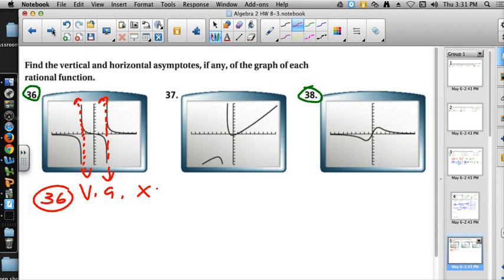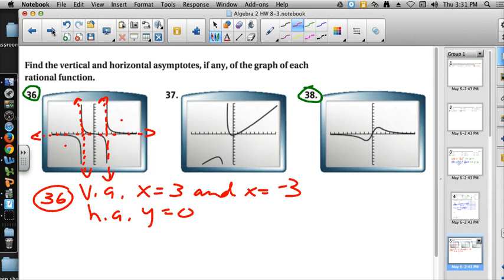So vertical asymptotes at x equals 3 and x equals -3. And then, absolutely, y equals 0 is an asymptote for the 2 branches. Not for the middle portion of this, but for the 2 branches. So that is going to be a horizontal asymptote at y equals 0.